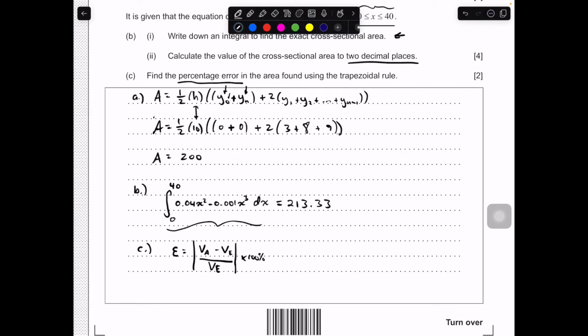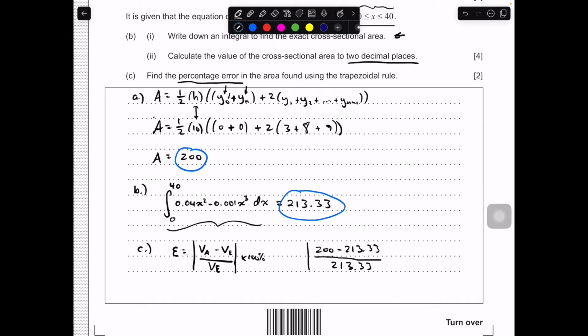The percentage error actually isn't all that bad of a formula. Essentially, you want to find the magnitude of the difference between your observed, or your estimate, and the exact value. So we know that this is the exact value, and this is the estimate. So what is the percentage difference between these two? So let's go ahead and write our estimate minus exact over exact.